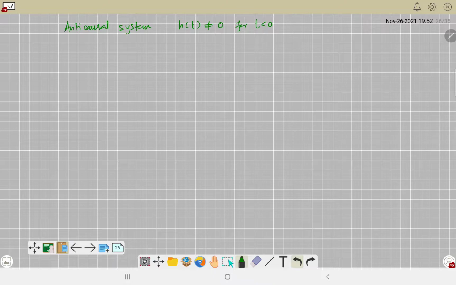Fine. Then you can say that in terms of ROC, if your system function is a rational system function, then if the ROC is to the left of the leftmost pole, we'll do an example shortly, that will be clear, then the system is anti-causal.